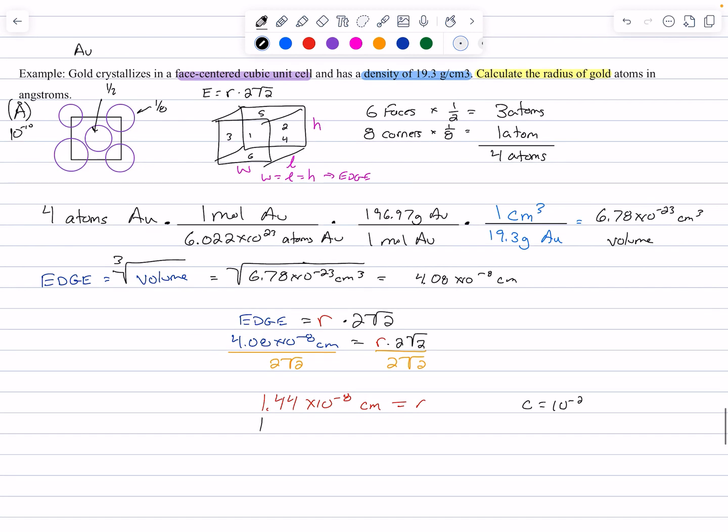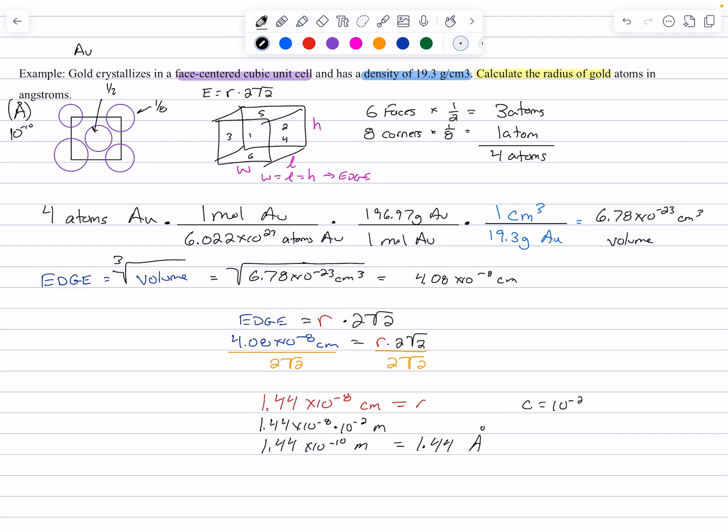So this becomes 1.44 times 10 to negative 8 times 10 to negative 2 meters, which is 1.44 times 10 to negative 10 meters, which is the same thing as 1.44 angstroms. However you want to convert it, you can, but that is the radius of this gold atom. So hopefully that makes sense.